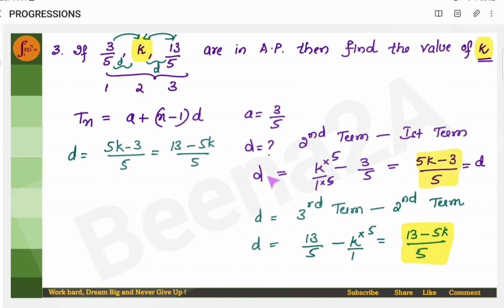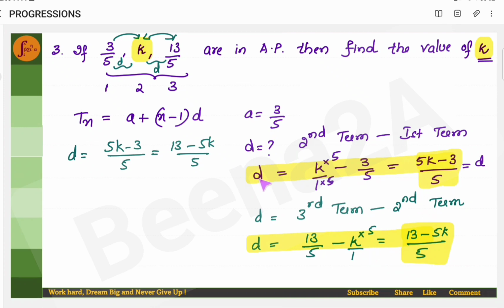Right? See, it is like this. Just observe this equation and this equation. The left hand side is the same. Whenever the left hand side is the same, it means the right hand side also should be the same, right? If one side has the same values, the other side will also have the same values.